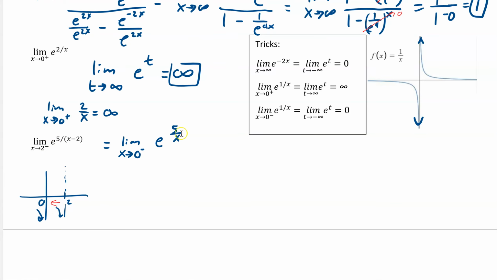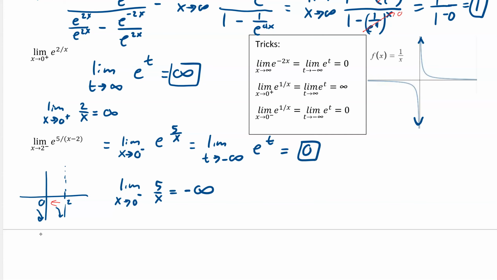And if I had a 5 over x, it would just approach 0 from the left. Now we do the same thing. Limit as x approaches 0 from the left of 5 over x. That's going to become negative infinity. So we would say that this is the limit as t approaches negative infinity, e to the t. And then that's 0. And there you go.